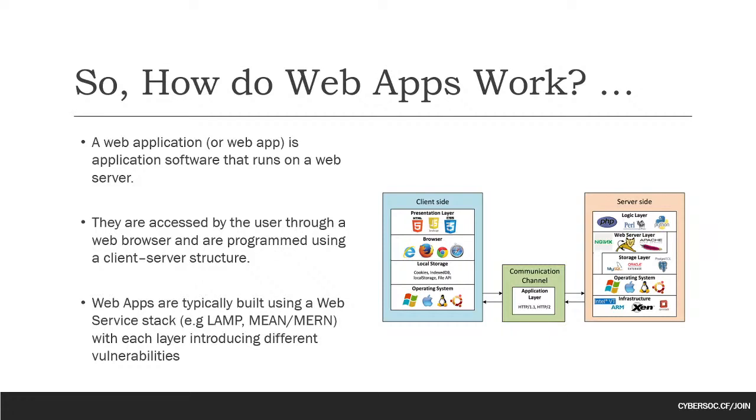So you, the client, will request the web app from the server. Typically, we will build them with a web service stack, so LAMP, for example, which is Linux, Apache, MySQL, and PHP. We all have our own views on PHP, but it's quite ubiquitous in the real world.